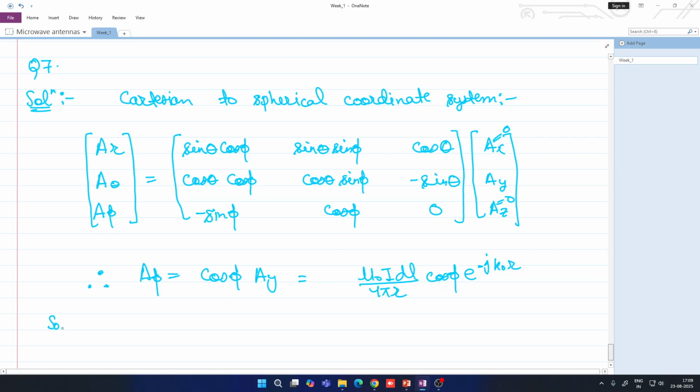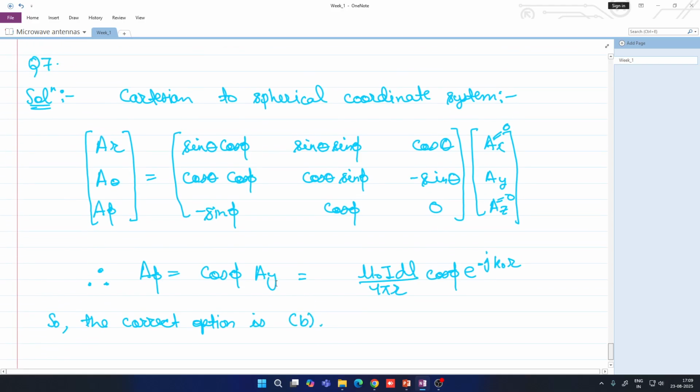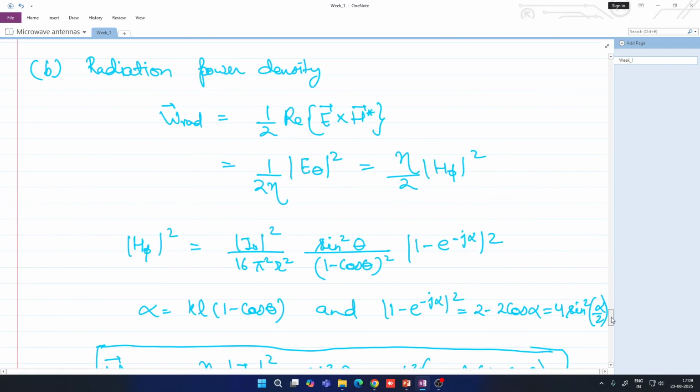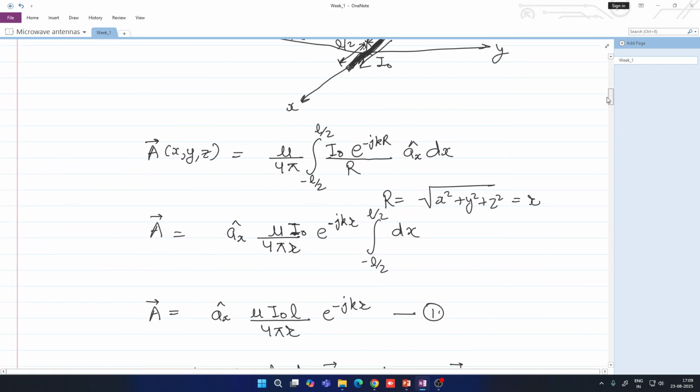So the correct option is B. I hope this is clear. We are following pretty much the same steps that we did in question number 1.